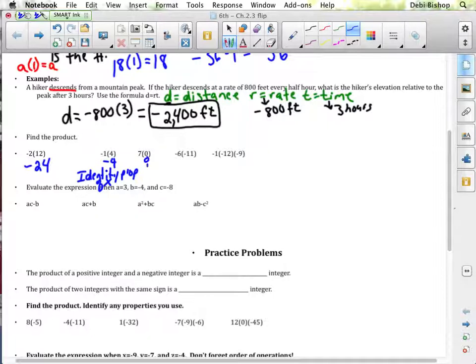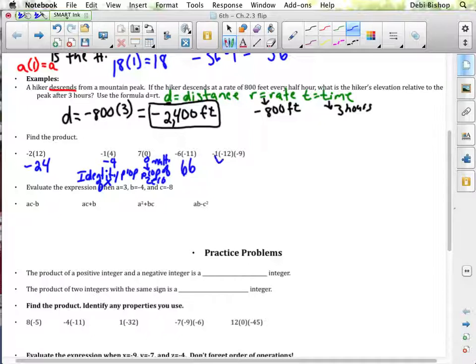And this one is our property of 0. Technically, it's your multiplicative property of 0. Sorry, this pen is really fat. It's not looking well. But then now here you have negative 6 times negative 11. Well, you have two of the same sign, so it's a positive 66. Ooh, here it gets tricky. So you have negative 1 times negative 12.